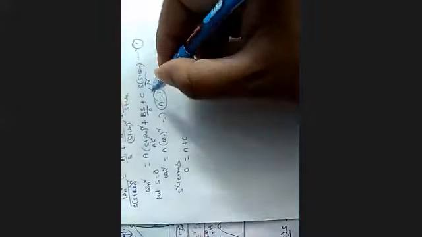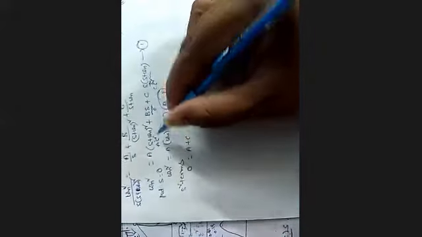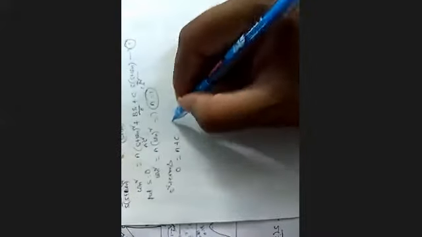So by comparing s square terms, we get A s square plus C s square, which means A plus C. So 0 equals 1 plus C, since A equal to 1. After substituting, C equals minus 1.